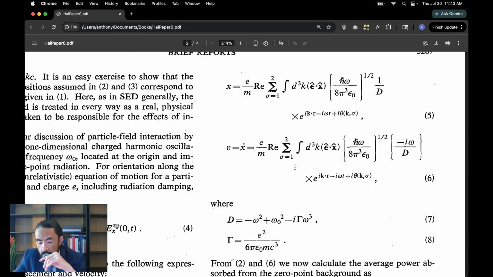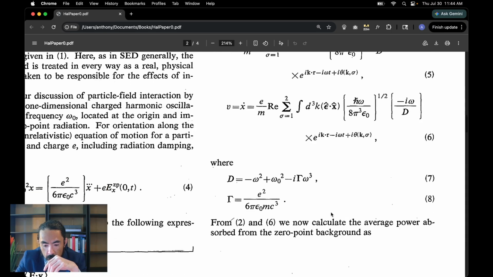And again, we don't really have to know capital D, but based upon an argument for the smallness of capital gamma, which here is equation 8, that's going to allow us to do some transformations, to do a resonance approximation, and to expand the bounds of integration, which are going to be specified shortly. We're going to be opening up the bounds of integration from 0 to infinity to negative infinity to infinity. So really, you just have to see that we have a displacement here, velocity, and then this shorthand quantity, capital gamma, will be invoked in a physics calculation argument, which is coming shortly.